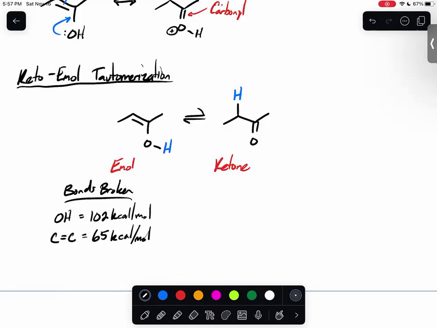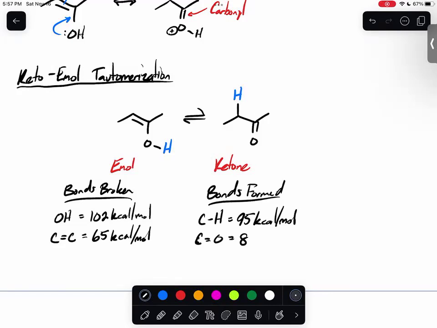On the other hand, our bonds formed would be we've actually now formed a carbon-hydrogen bond in the products, right? And those are at 95 kcals per mole, while we're forming also the carbon-oxygen double bond, which is much stronger than the CC double bond at 85 kcals per mole.